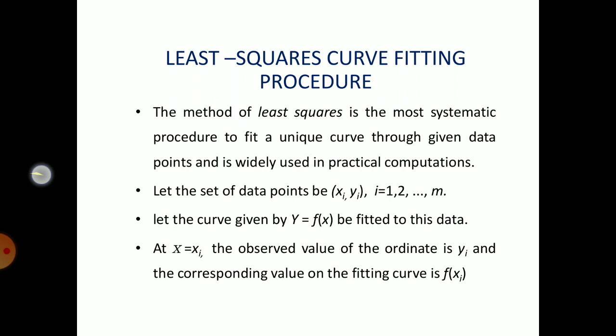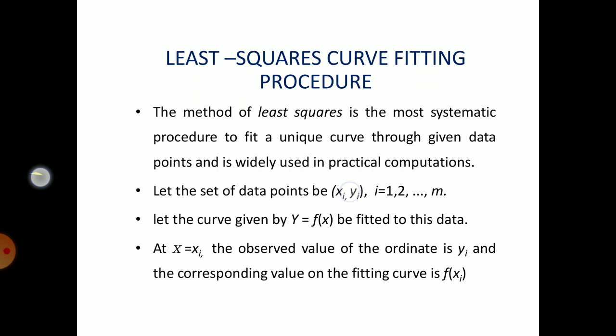Let the curve be given by the equation y equals f of x, which is to be fitted to the given data. At x equals xi, the observed value of the ordinate, that means the y coordinate, is yi, and the corresponding value of the fitting curve is f of xi.